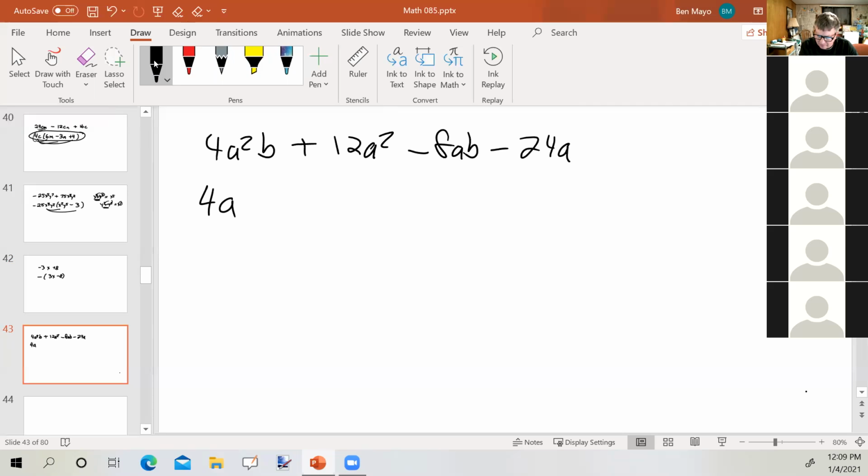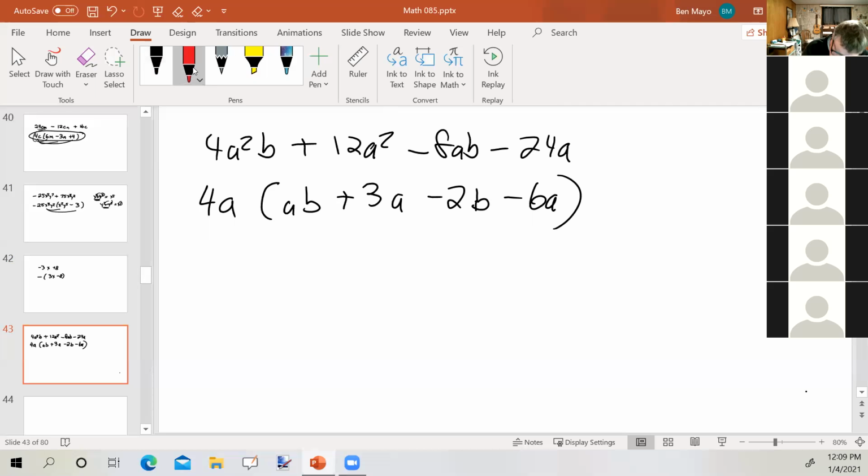Do you see that? So this would give me ab plus 3a minus 2b minus 6a. Now, if I've done that correctly, what's inside the parentheses shouldn't have any common factors other than a 1.